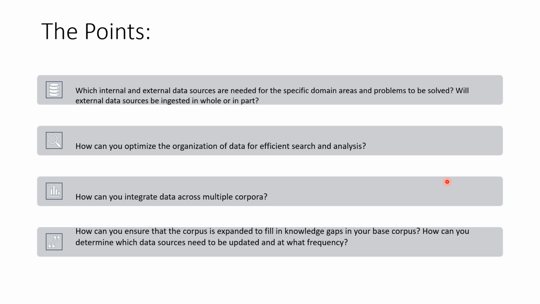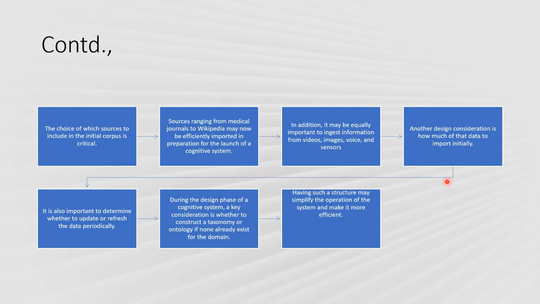So how do you ensure that this is expanded and it gets all the necessary data to fill the gaps? And how can you determine which data sources need to be updated and at what frequency? I am getting data inputs, I am getting data updates, but at what frequency do I have to update it? This is a real important point that we need to look into.